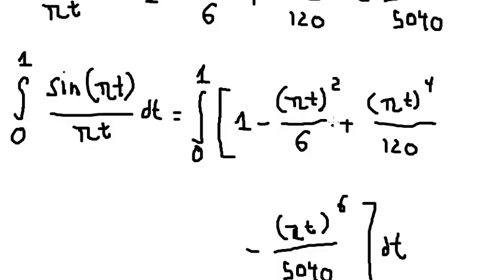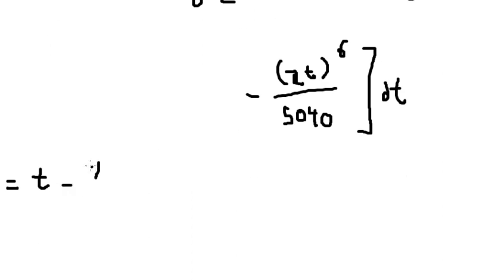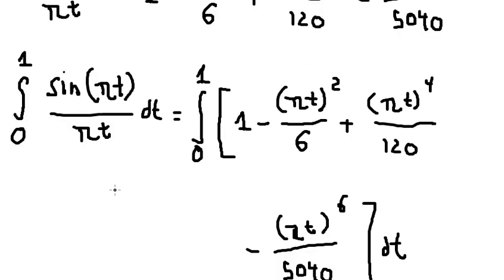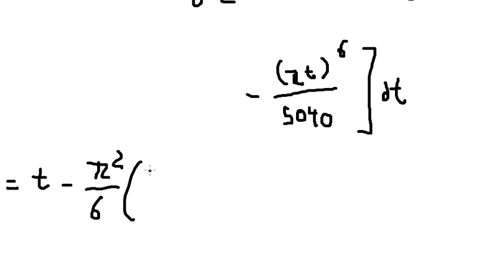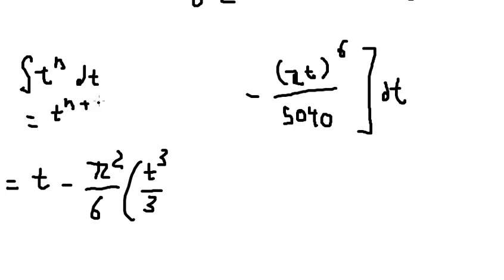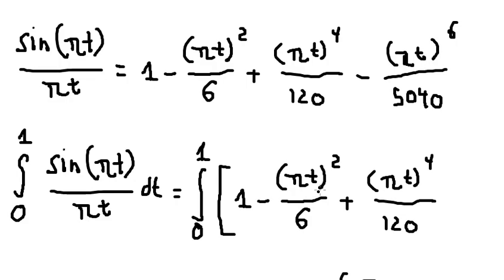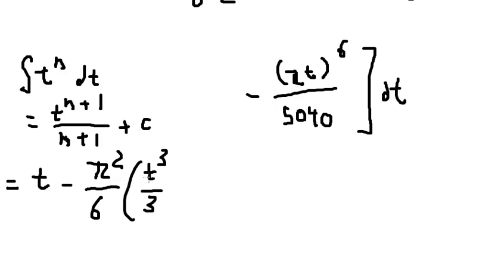We have t. This one we have t to the power of 3 over 3, because we have the formula in here: n plus 1 on the power. Because this is about number 2, this one we have t to the power of 3 over 3.